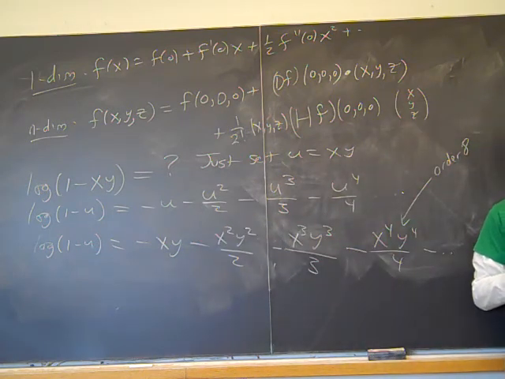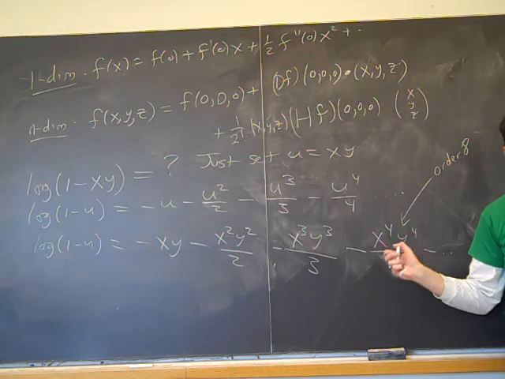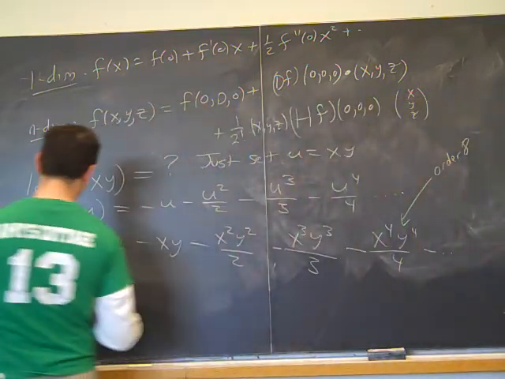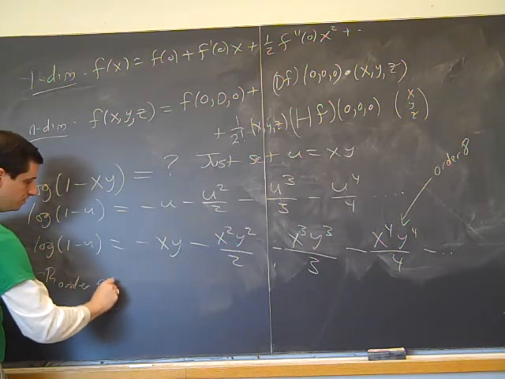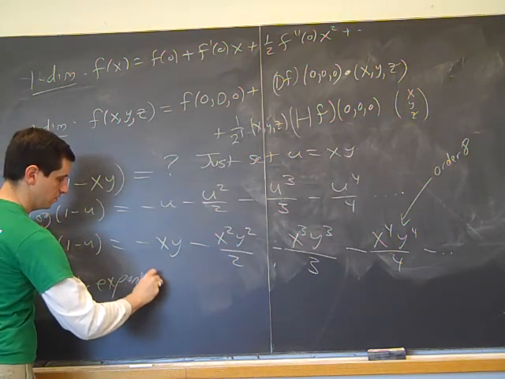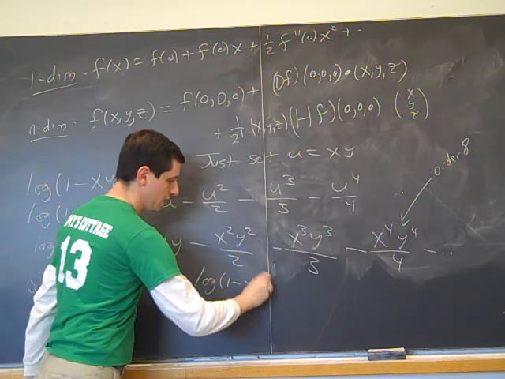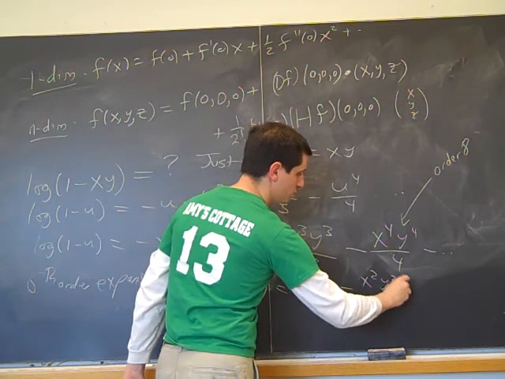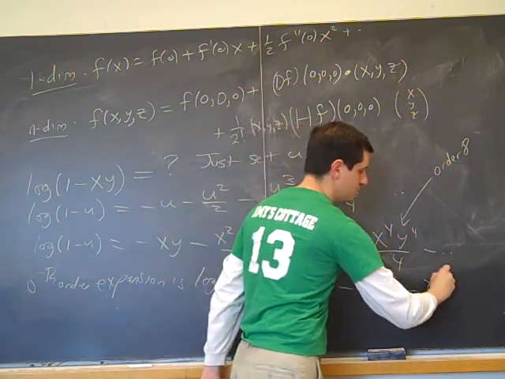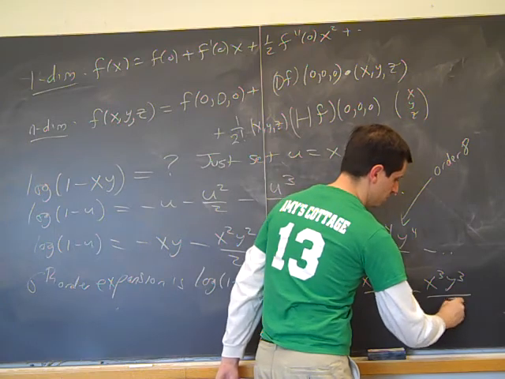So if I only wanted a degree 6 expansion, this is a degree 8 term. I wouldn't need it. So the sixth order expansion is the log of 1 minus xy is negative xy minus x squared y squared over 2 minus x cubed y cubed over 3.